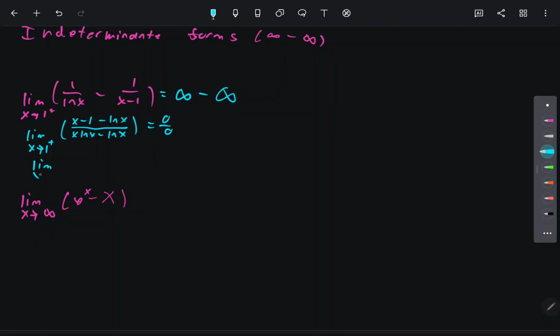So we get the limit as x approaches 1 from the right. Well, the derivative of the numerator here is going to be 1 minus 1 over x divided by the derivative of the denominator here.